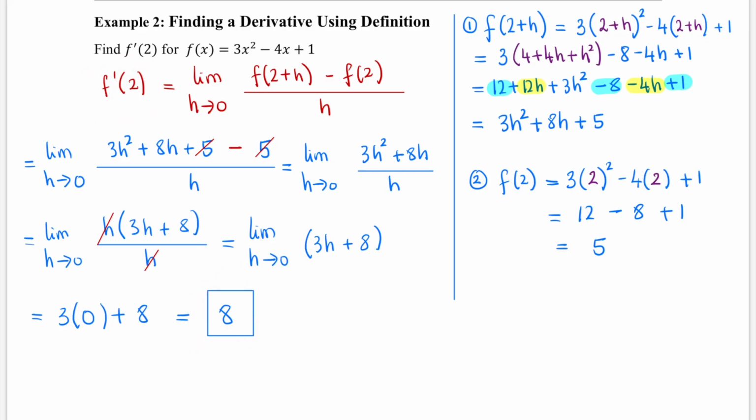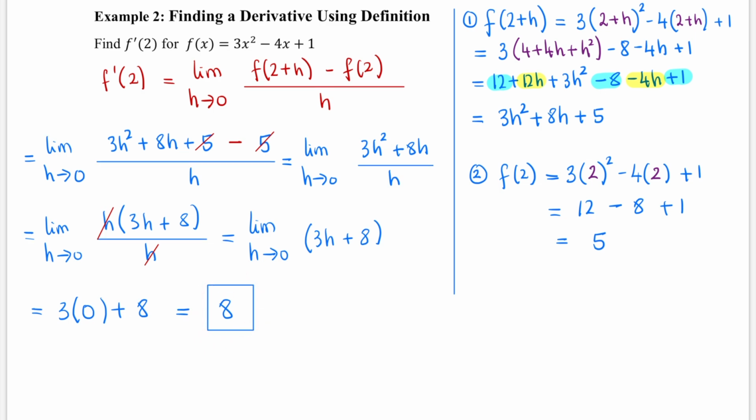That means the derivative of f of x at x equals 2 is 8. That also means the slope of the tangent line to the curve at x equals 2 is 8. This example shows how we can use the limit definition of the derivative to find the slope of a curve at a specific point.